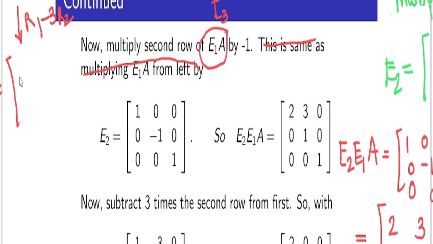What do we get? E3 into E2 into E1 into A is equal to 2 0 0, 0 1 0, 0 0 1. We get this matrix. Now multiplying the first row of E3 E2 E1 A by 0.5, what do we get?